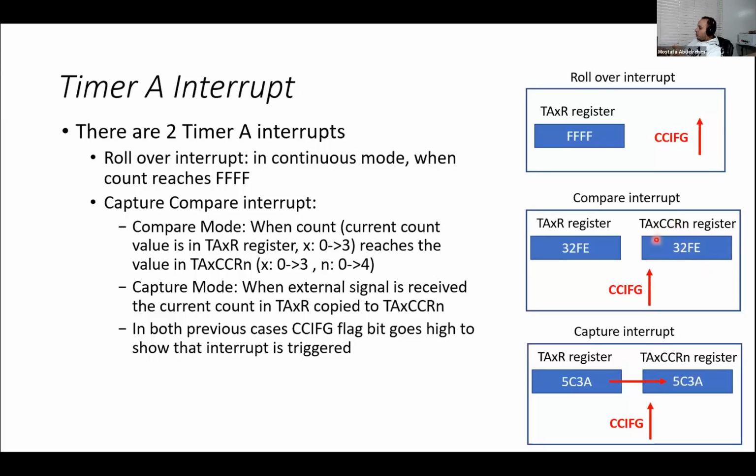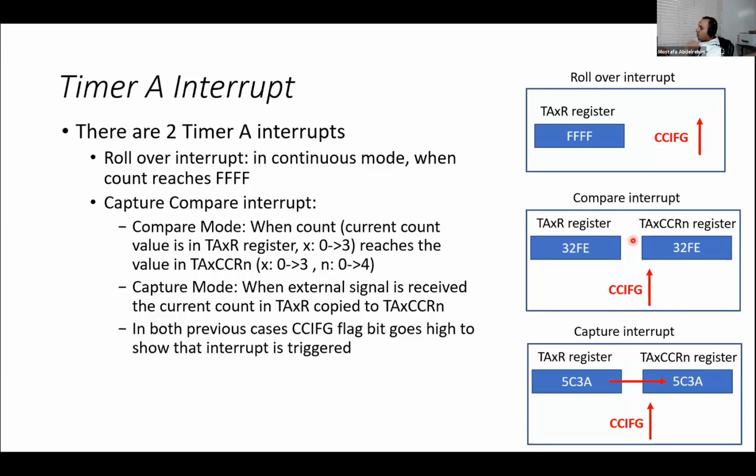Then whenever the current count, which is in the TAxR register, reaches that value, the interrupt will trigger, and you will be taken to the interrupt service routine to execute it. And you will find this CCIFG bit is 1.